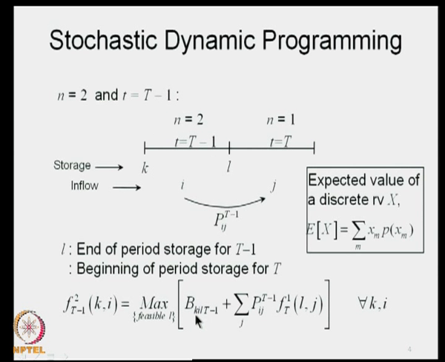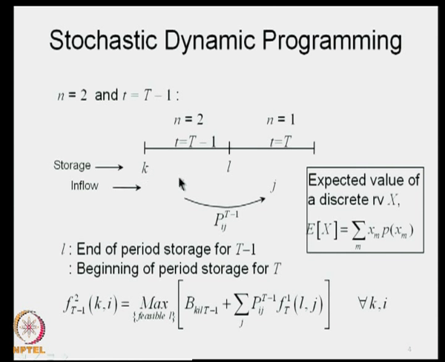Because k and I are known, we know the system performance measure for a particular L. You are making the search over a particular L for a given value of k and I. Therefore, the immediate return or the immediate value of the system performance measure for this will be B k I L t minus 1. Why there are no probabilities here?